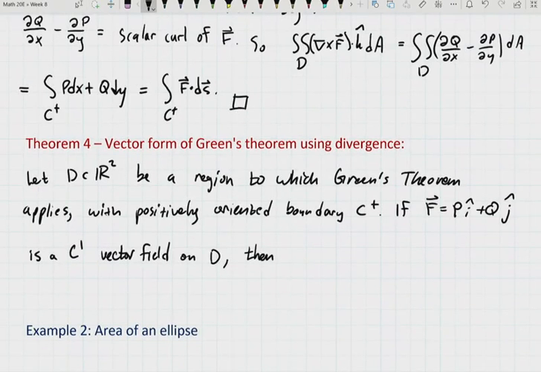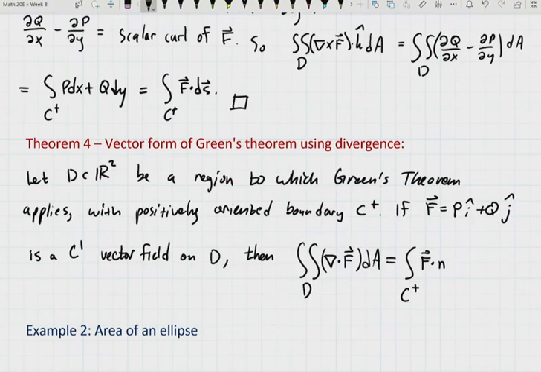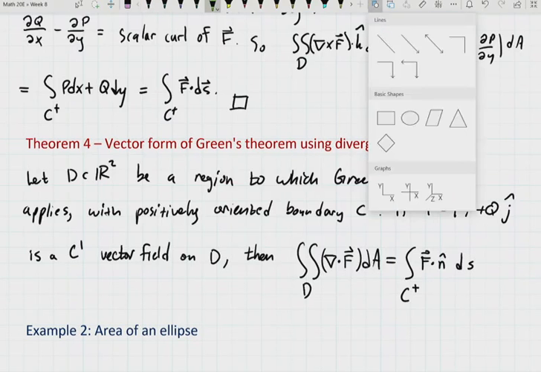Then, okay, let me write the formula. The integral of del dot F, that's a divergence, the divergence of F dA, is equal to, and I'll have to explain this part, F dot n ds. And what the heck is n?